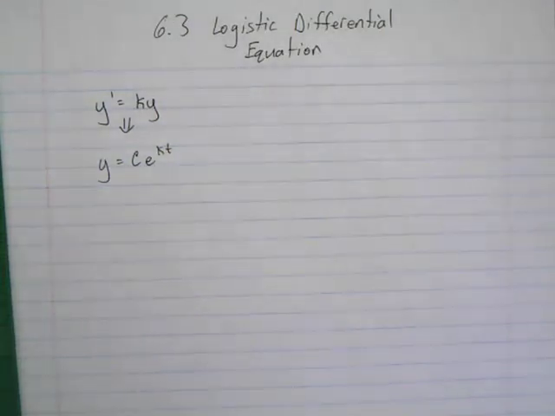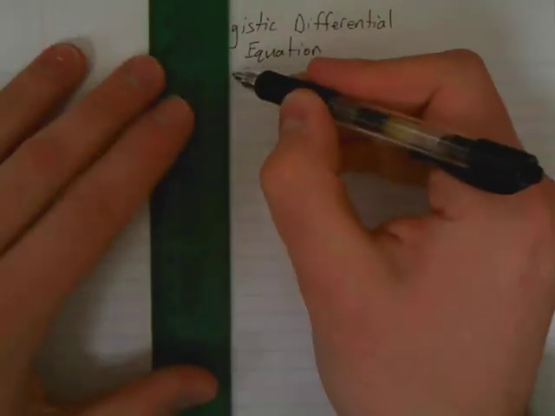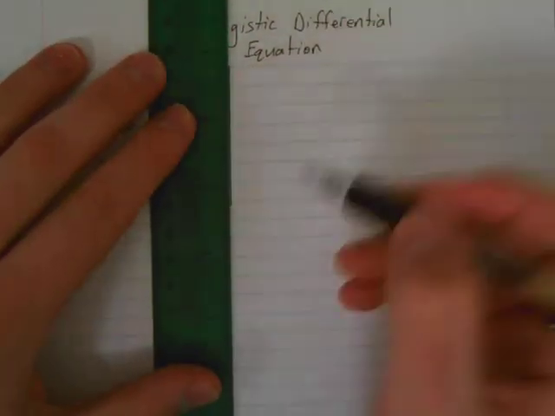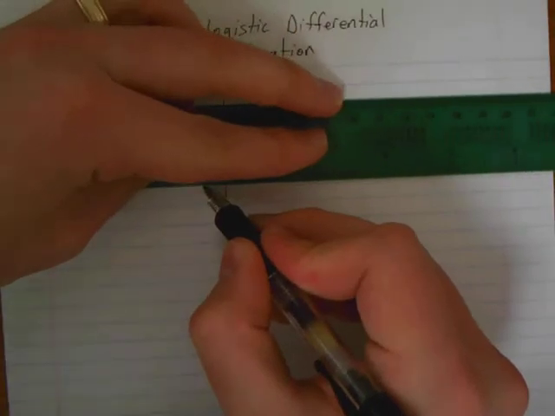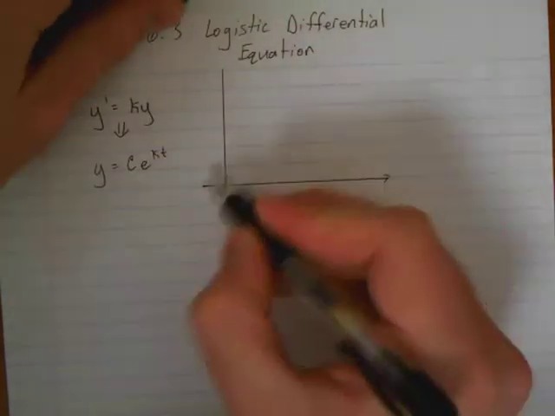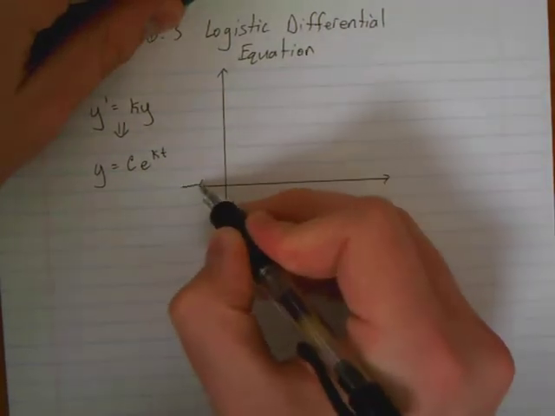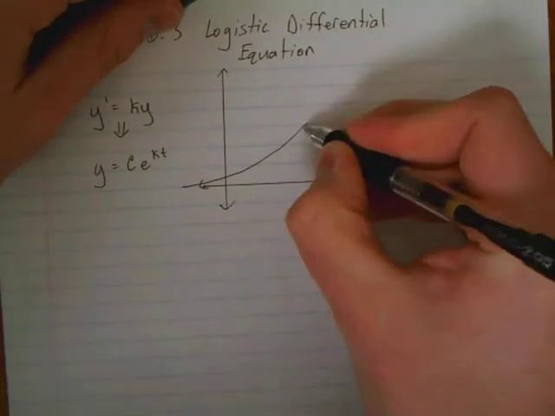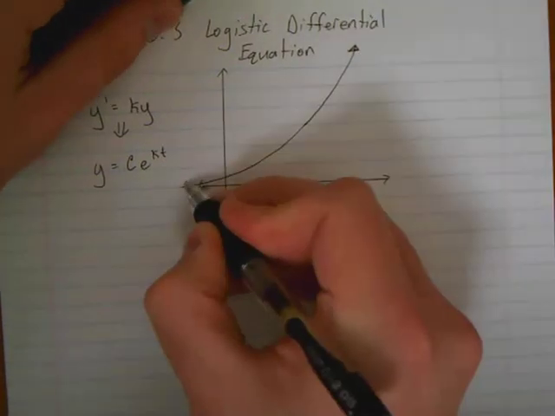But anyway, not everything grows like that. If you think about it, this looks something like this. And then it starts to get out of control, and it grows incredibly quickly.